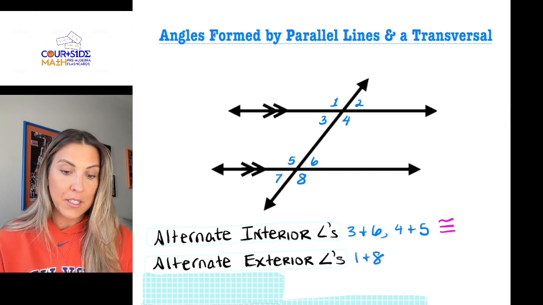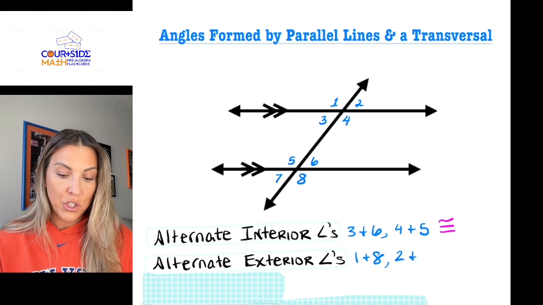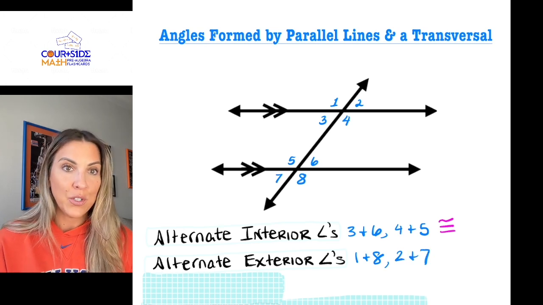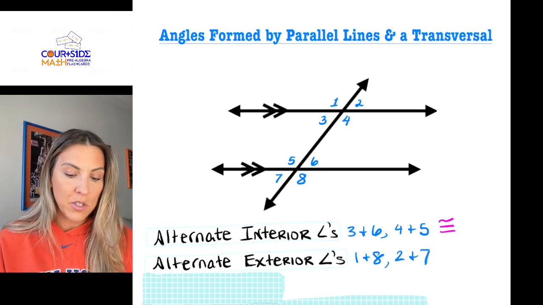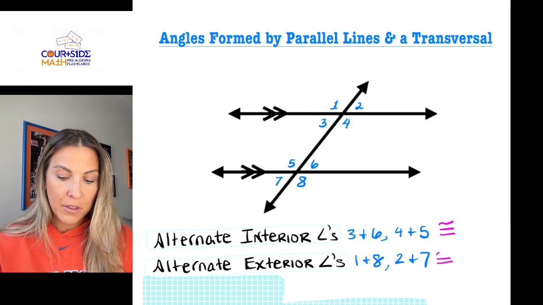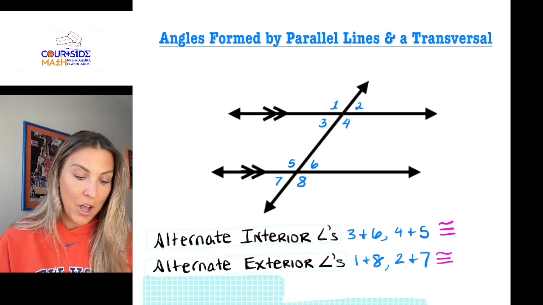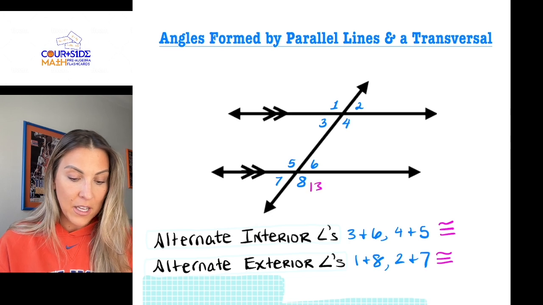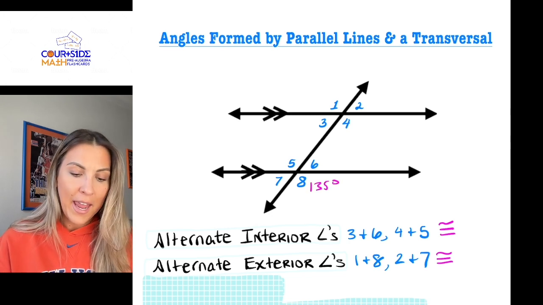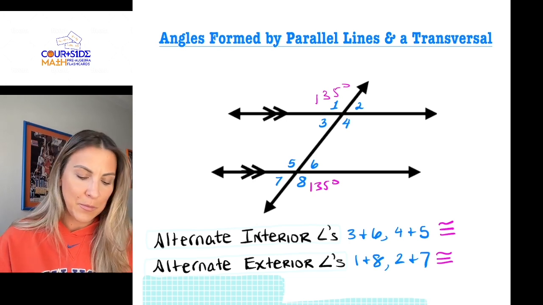Those are alternate exterior. So are angles 2 and 7. Those are alternate exterior. And similar to alternate interior, their relationship is that they are congruent. So if I know the measure of angle 8 is 135 degrees, then angle 1 is also 135 degrees.